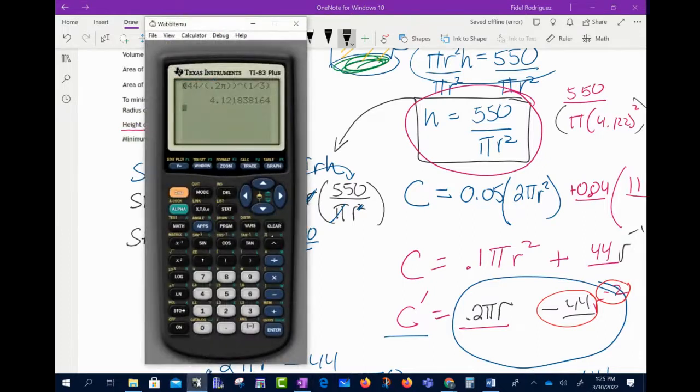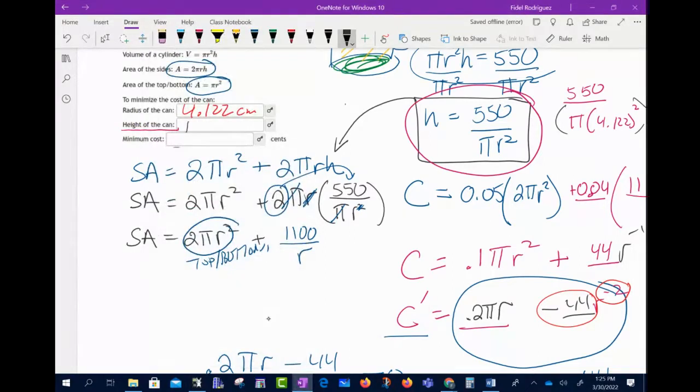I'm going to go 550 divided by parentheses pi and 4.122 squared, and another parenthesis right there. And I'm coming up with 10.304.